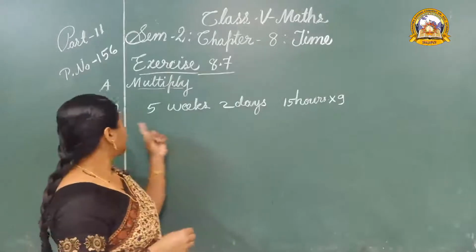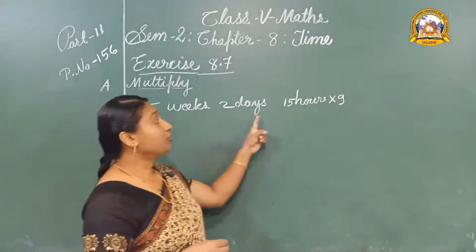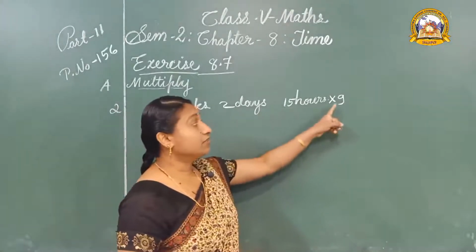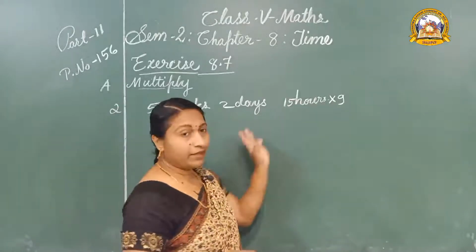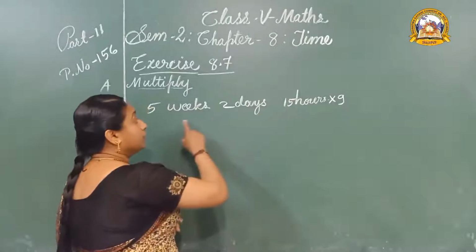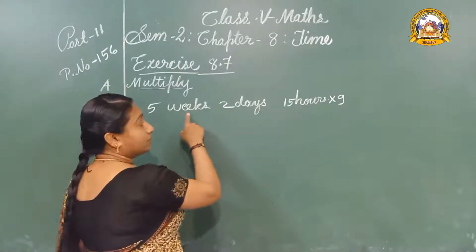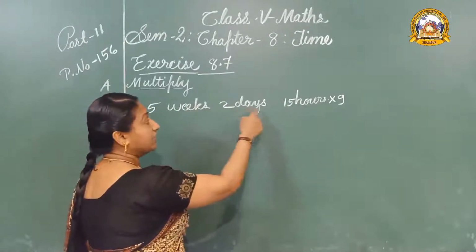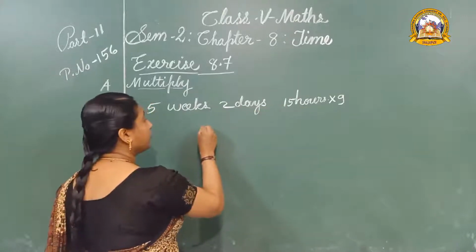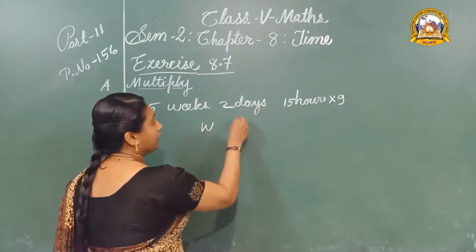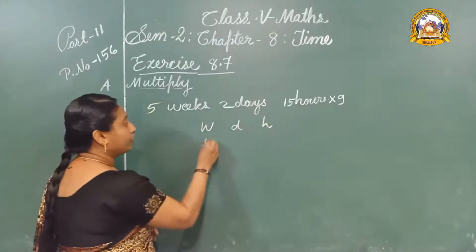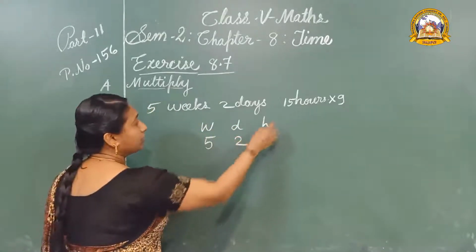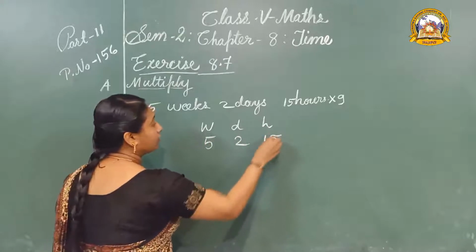Okay, children, the second one. 5 weeks, 2 days, 15 hours by 9. Multiply by 9. Here we need 3 columns, which are weeks, days, hours. Let us write weeks, days and hours. 5 weeks, 2 days and 15 hours.